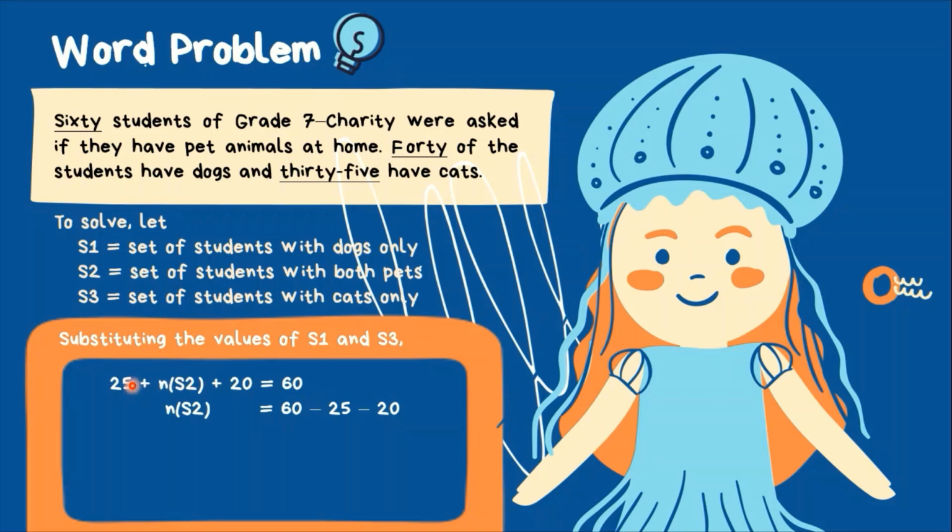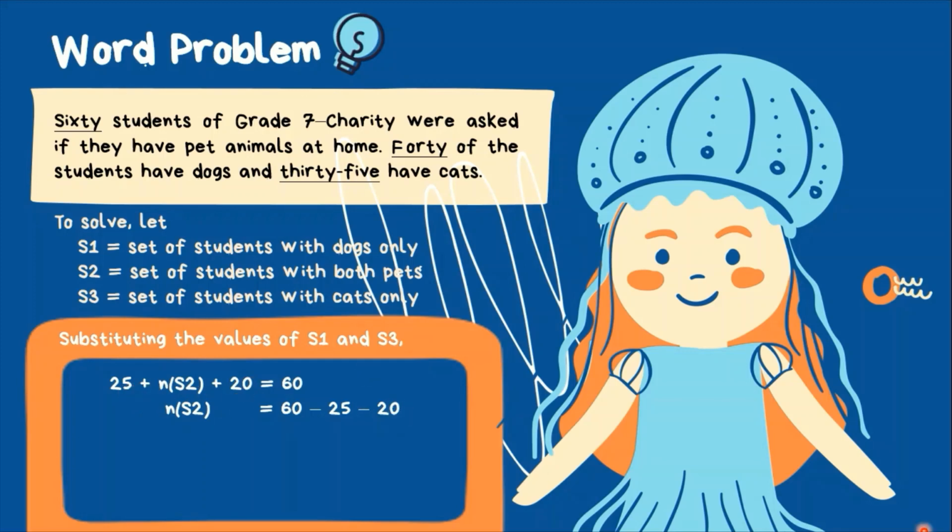So, kung mapapansin natin, itong 25 and 20 ay numbers lamang, wala siyang kasamang letters. So, isama natin siya dito kay 60 dahil si 60 ay number lamang. Doon tayo, gagawin natin silang similar yung kanyang itsura. So, only cardinality of S2 ay left on this left side. Ililipat natin yung 25 and 20 sa right.